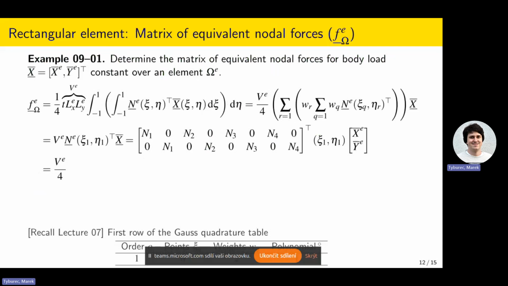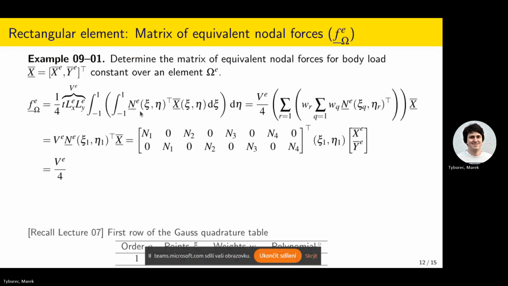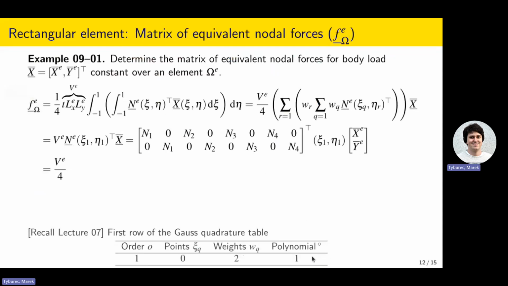So there are components x overline and y overline, and this is constant over the element. And we are asked to find out how the force vector looks like. Of course, what we will need to do is to use Gaussian integration.